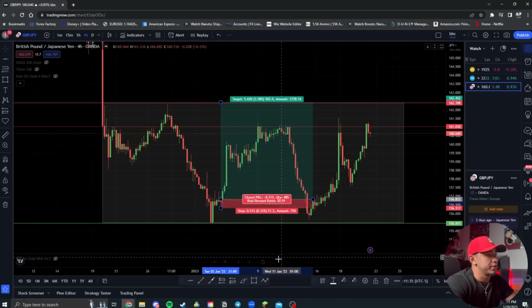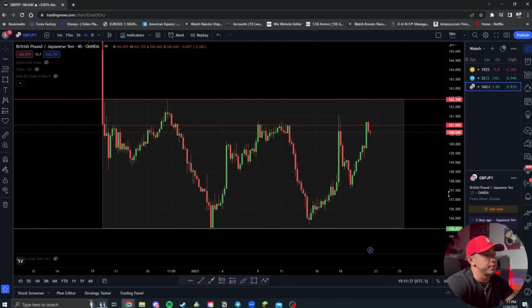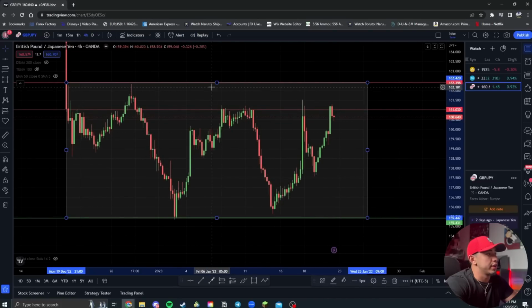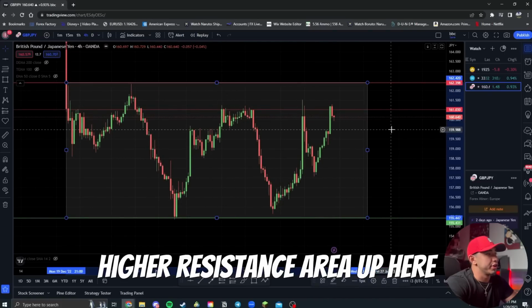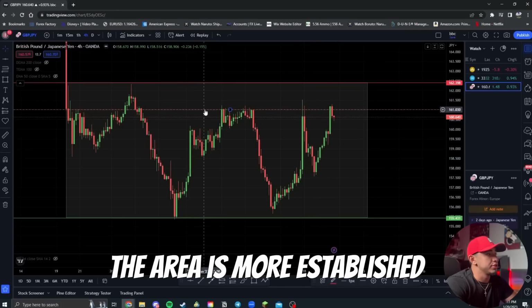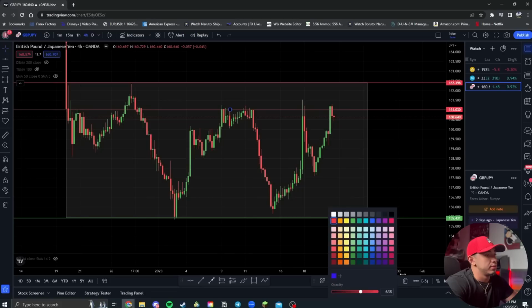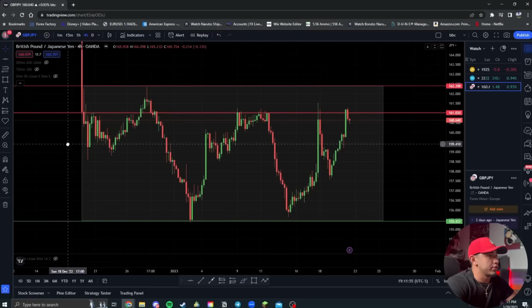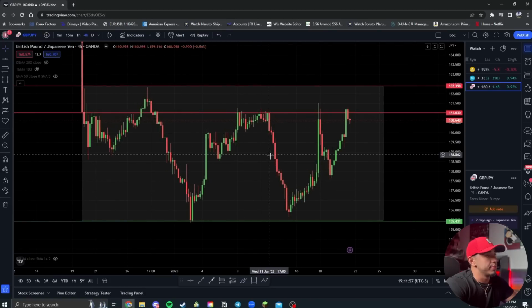Now, since price action has played out the way it has, what you're going to want to do is ignore this higher resistance area up here, just for the fact that you do have this area right here more established. Right, I didn't mean to lock it, but we'll do that. It's more established, right? Because now you can see that price struggled to break through here, here, here, and again here.